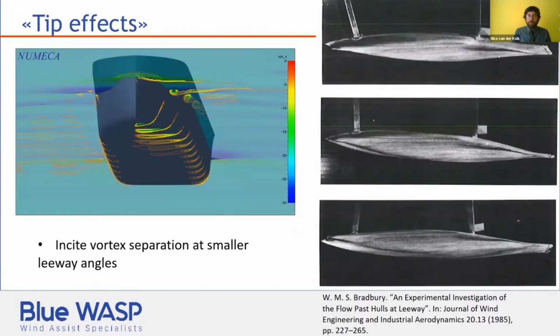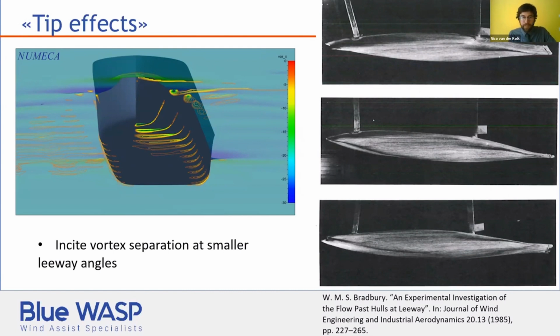So looking in more detail at the hydromechanic effects, loosely categorized as tip effects, if you think of ordinary airfoil theory. On the left figure, it's a CFD solution, and you can see quite nicely the introduction of vorticity at the bow and along the leading edge, or say the leading bilge, excuse me.